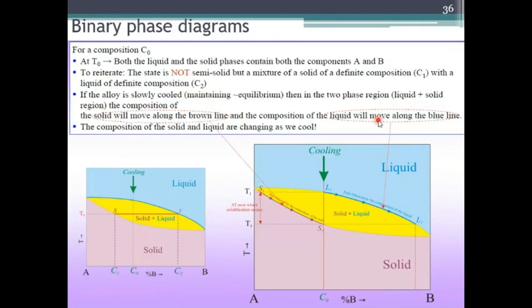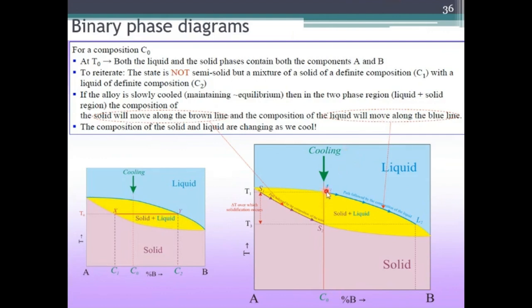Now, for a composition C0 at T0, both the liquid and solid phases contain both the elements A and B. The state will be in a solid, but as I already told, it is not a semi state. It will have some amount of solid and liquid in it.